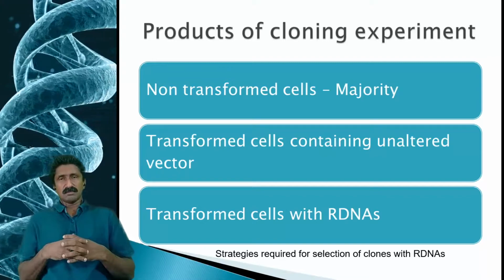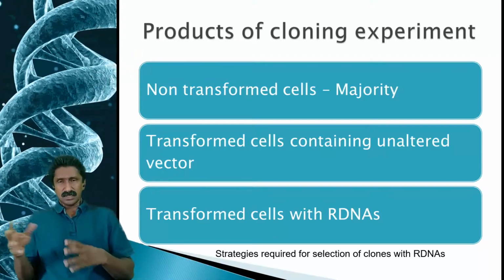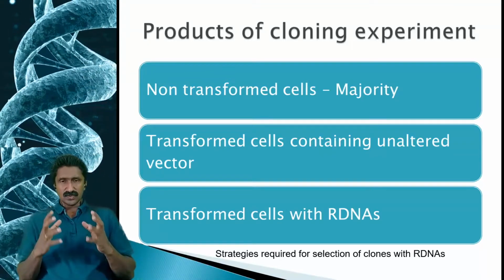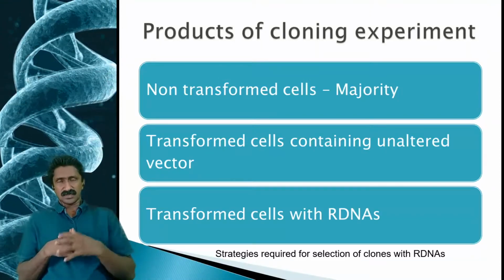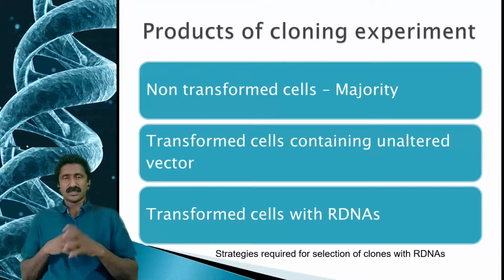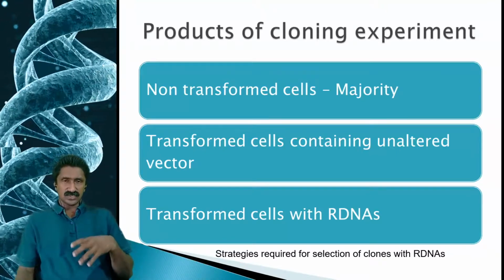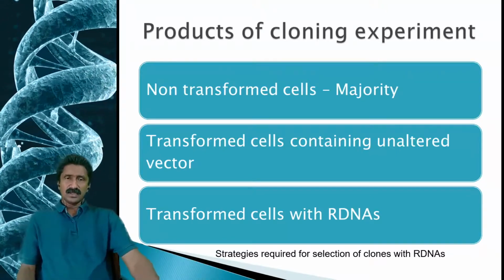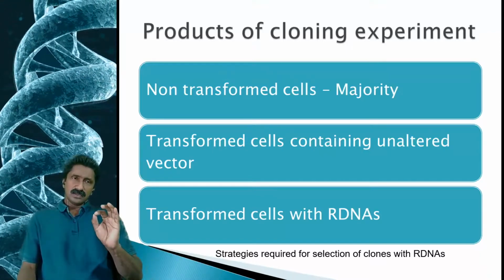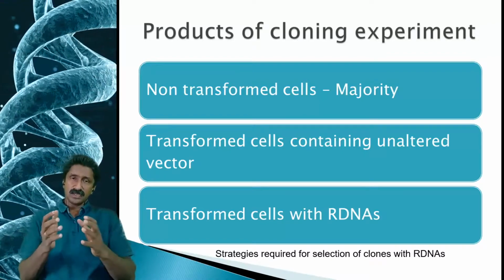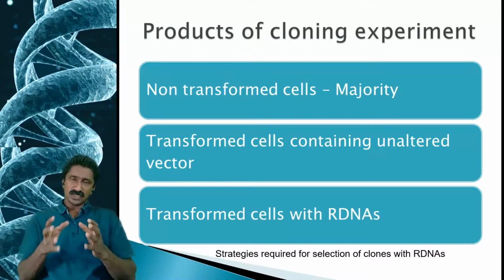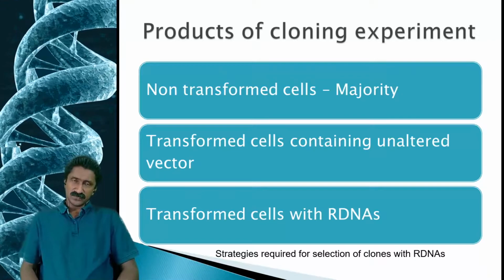So the majority of the population, for example, in the case of a host cell like E. coli transformed with a plasmid vector incorporated with a DNA construct, will not be incorporated with the concerned plasmid vector.